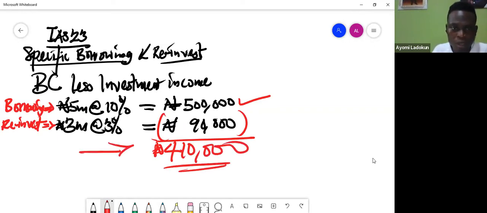This will now be the borrowing cost to be capitalized. That's what specific borrowing is saying. If you have a question where the money was reinvested, just remove the investment income from the actual borrowing cost.